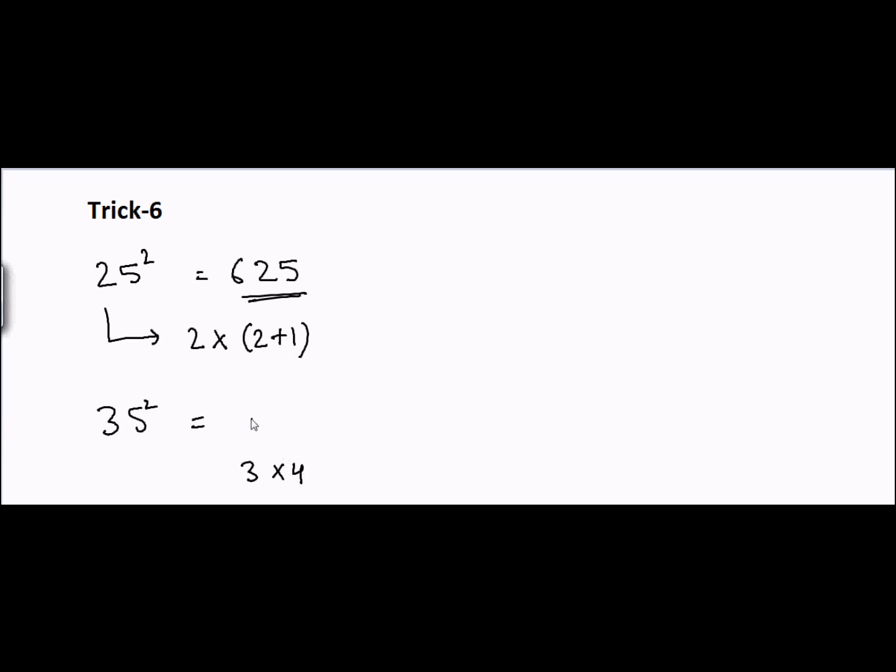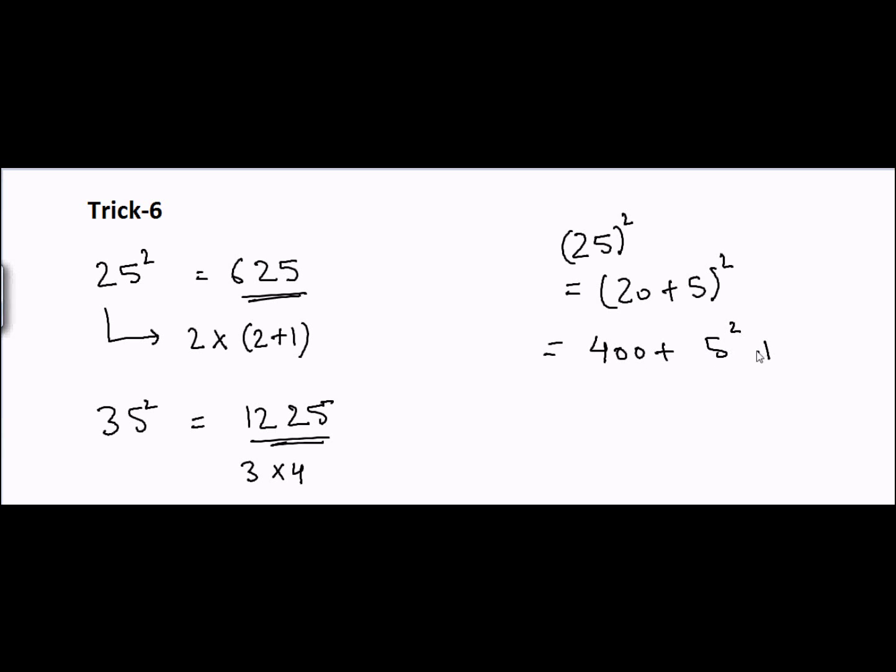How do I come up with this formula? Again, let's say if we have to find 25 square, then that will be equal to 20 plus 5 whole square, and that's equal to 400 plus 200 plus 5 square.